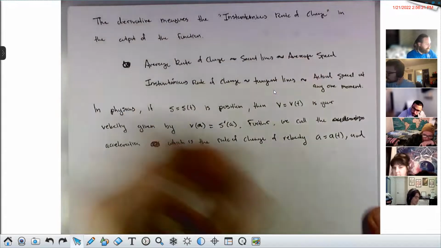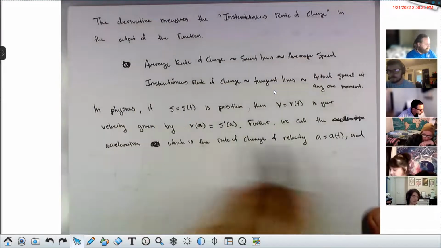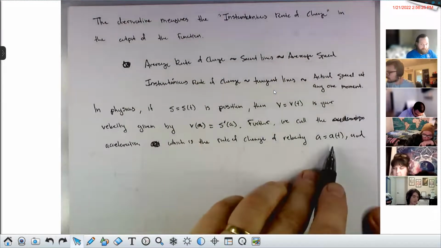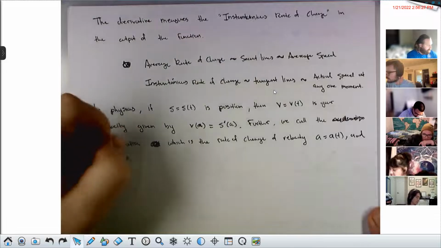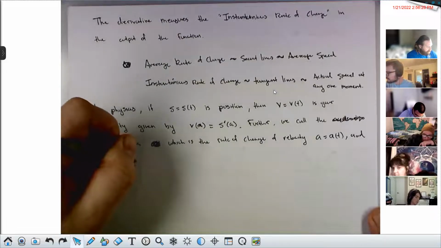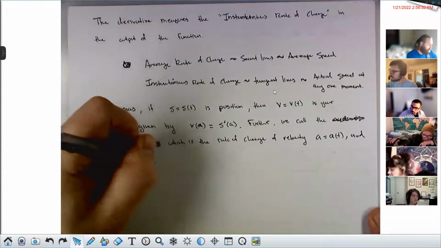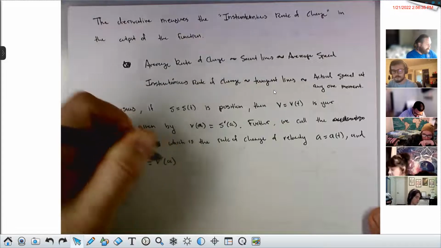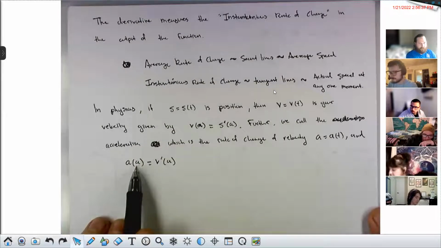And now this notation is getting quite sloppy because we're using lowercase a for both of these, but that is the standard notation. And a of a is v primed of a, where the little a inside is a specific time.